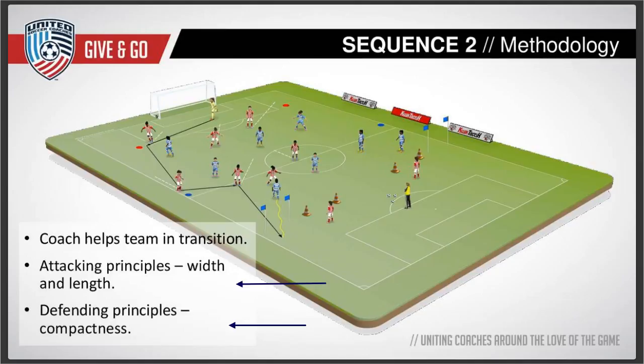So how do we attack, offer width and length? How do we penetrate? But then when they lose it, I'd be addressing in transition, can they make the field small again? So again, the red team is all about dispersal and making the field big in possession, but equally, when we're out of possession, the red team should be contracting and making the field compact. So adherence and reminding the players of our really solid principles of play is critical through a session like this.